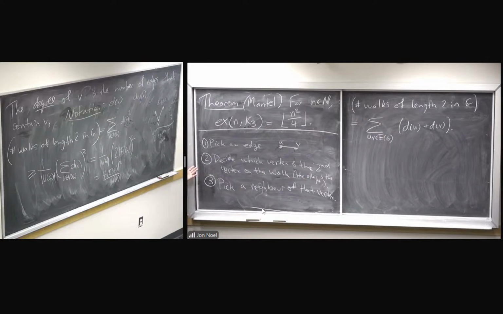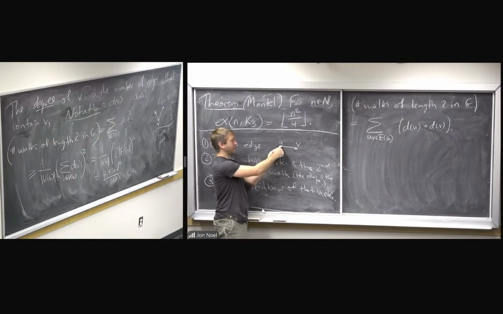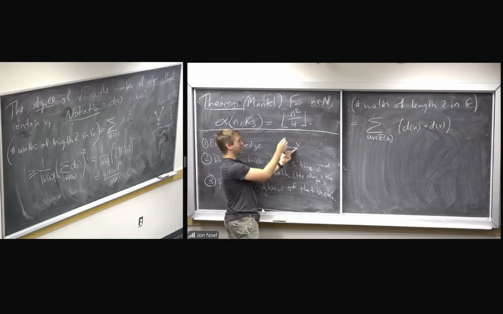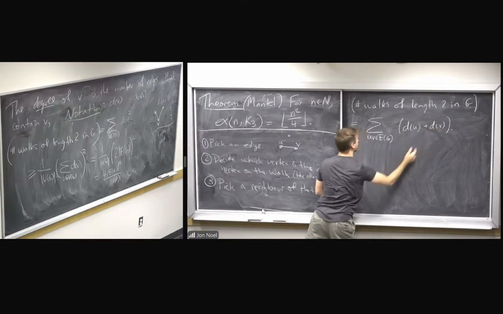In this whole proof so far, we haven't used that there are no triangles. So we need to do that at some point, and here's where it comes in. If I think about the choices for U and the choices for V, like their neighborhoods, the things they're adjacent to, they're disjoint. Because there could not be a vertex that is counted in both, right?